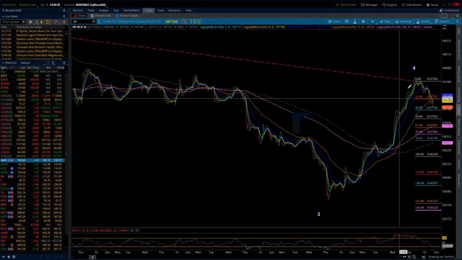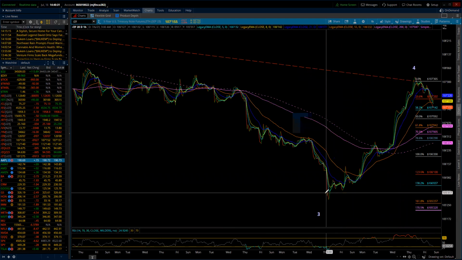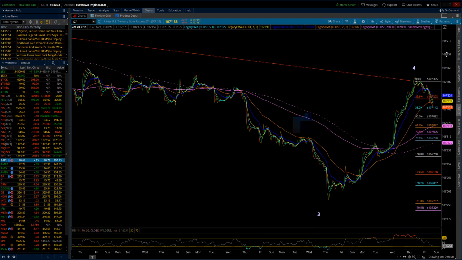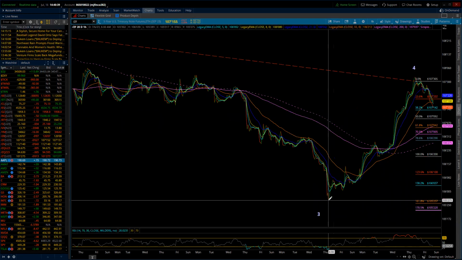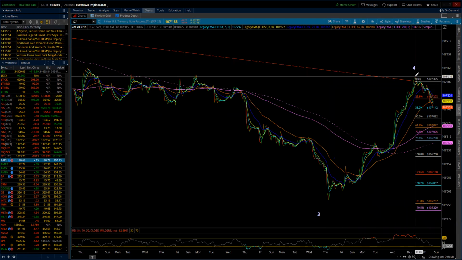So even if I'm going to do it where we still have another leg up in the 4th wave, I mean, this was incredible. We came from 105.275, right, or 315. Let me go 195, all the way up to this level, which was 108.